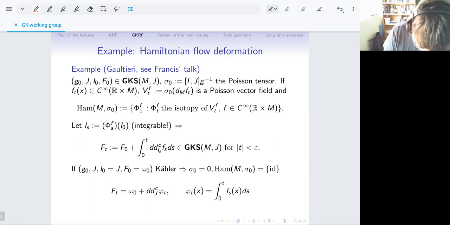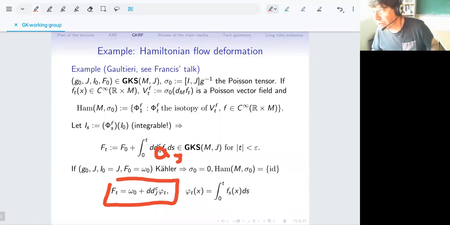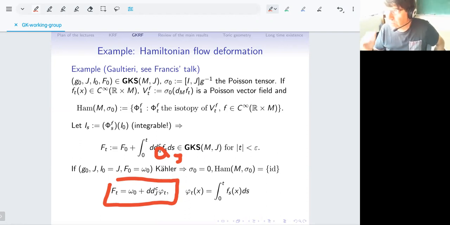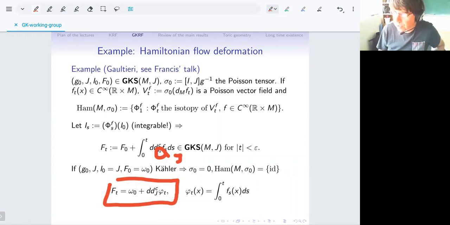So this construction gives me a perturbation of the initial Kähler metric by adding dd^c of a time-dependent function, which is just the integral of F_t. So this flow construction precisely corresponds to the notion of Kähler class that we saw in the Kähler case. Okay, so that's important to observe.